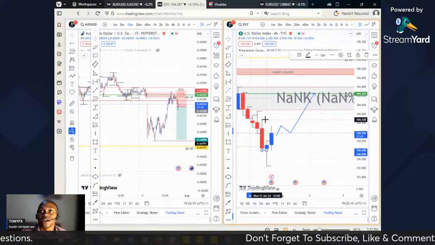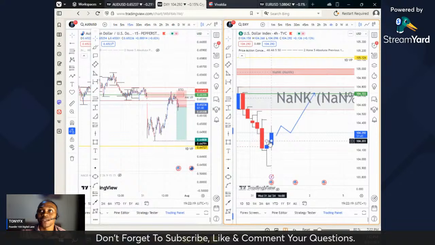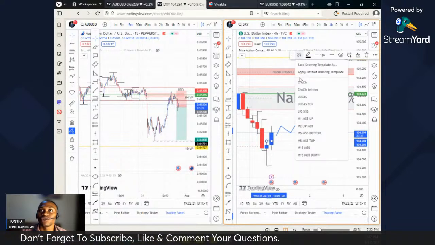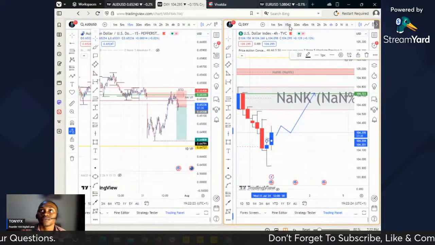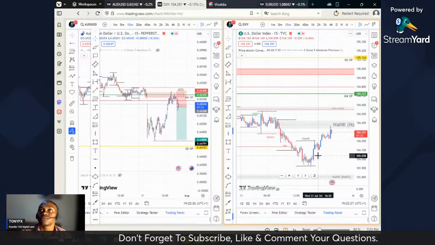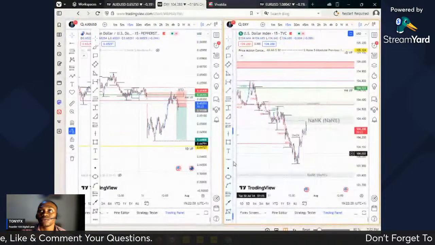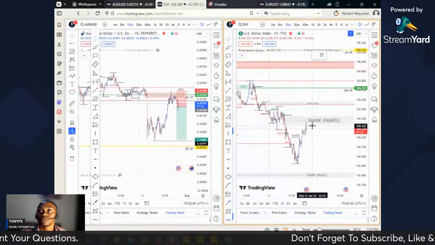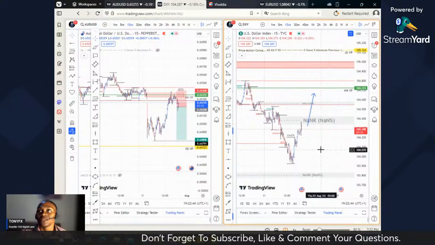I see that DXY has formed a reversal pattern and a change of character from bearish trend to bullish trend. So this change of character can now lead the pair towards this resistance within here before we can see another drop.